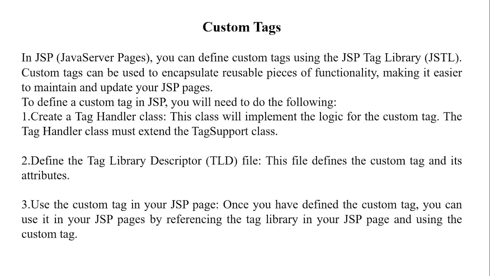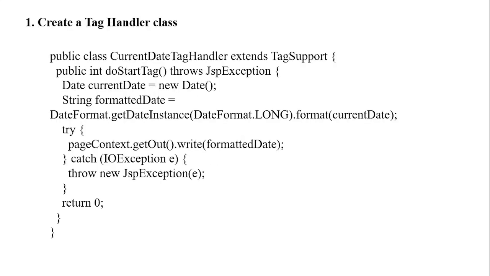Once you have defined the custom tag, you can use it in your JSP page by referencing the tag library in your JSP page. So how easily can we use this custom tag? Let's see more about it.